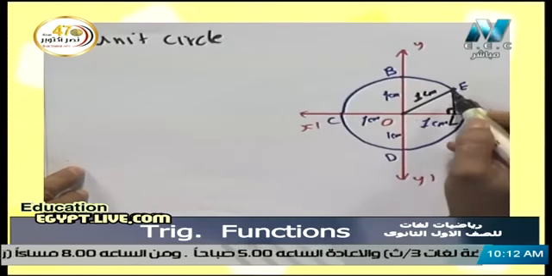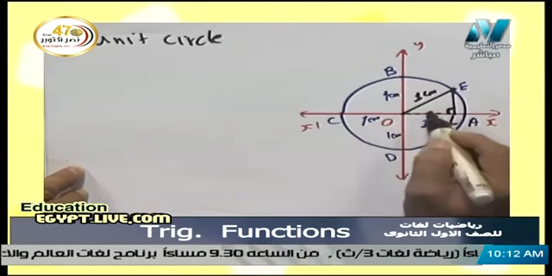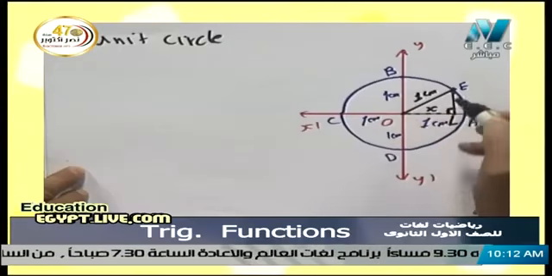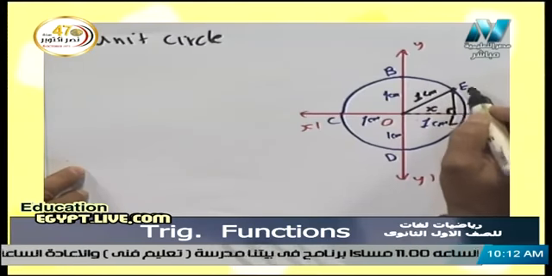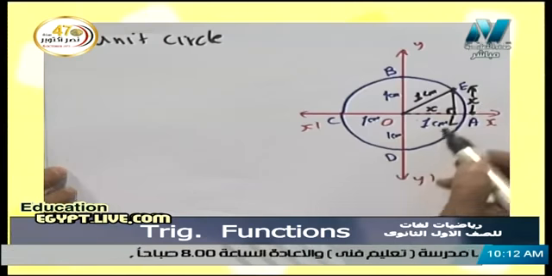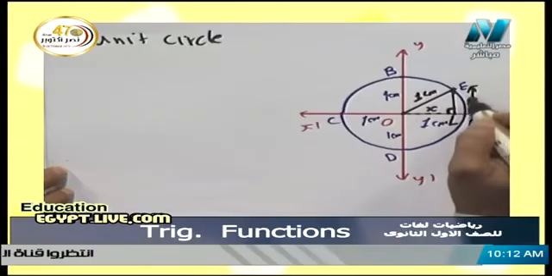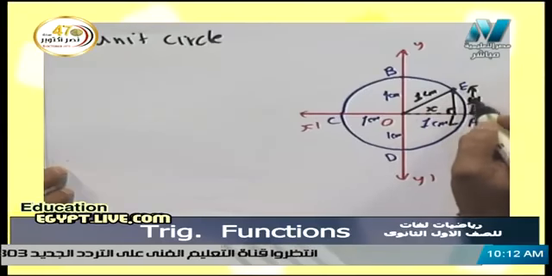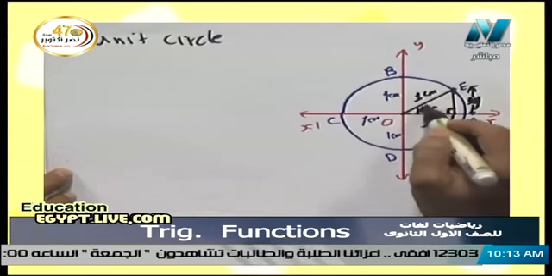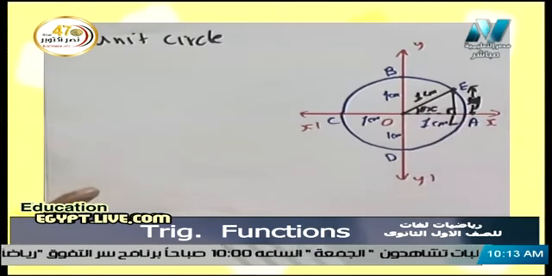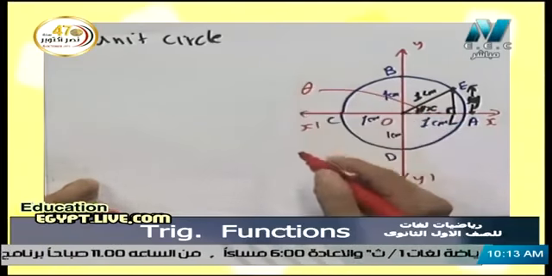In the right angle triangle OEL, let's call this part, which is OL, X. And let's call EL Y. So we have two sides: the side OL is of length X, and the side EL is Y. And let's call this angle theta.